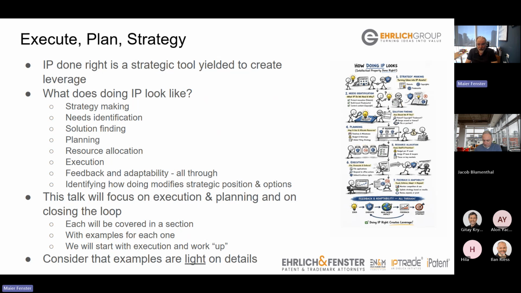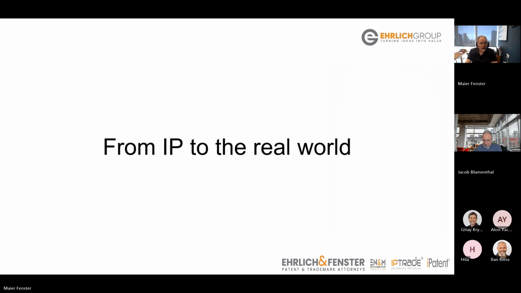And there are a lot of details and I definitely didn't provide all the details, but I hope I'm going to show you enough of the details so it's clear that there's a big gap between abstract ideas about IP, like we'll file a patent and people will be scared, and what's actually involved. So let's start with execution.